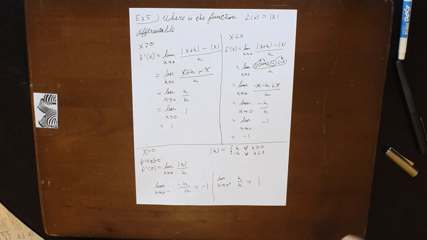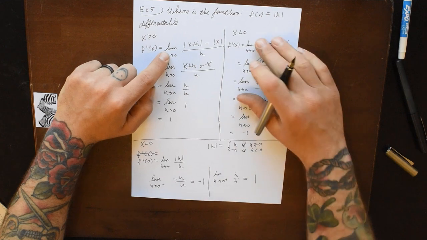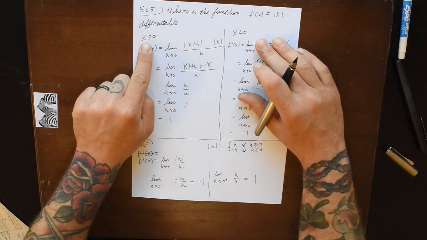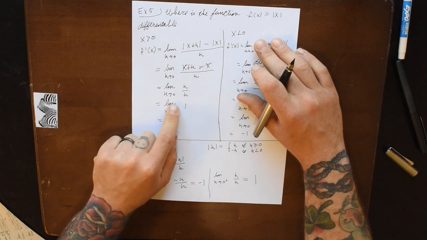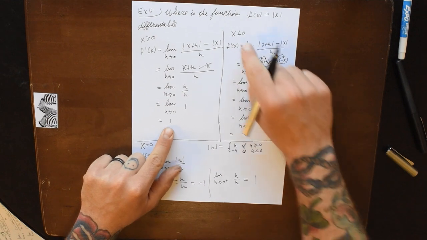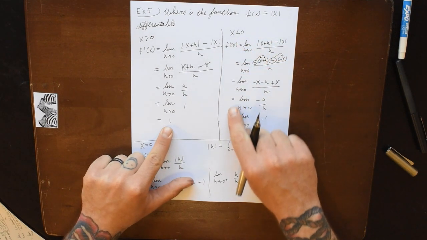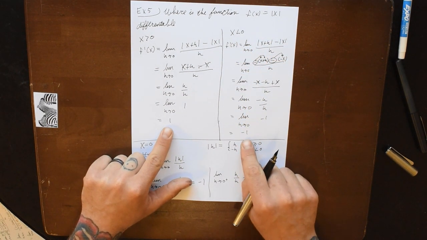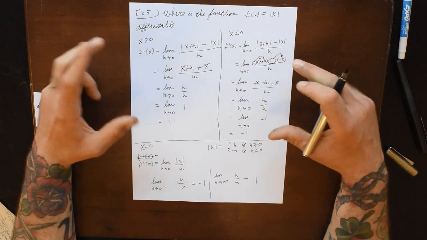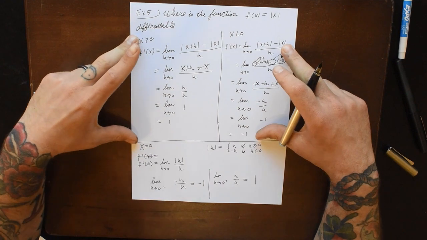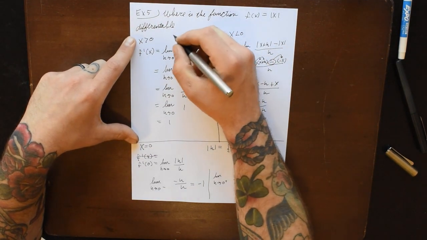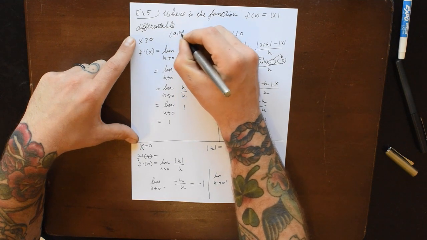So look, this limit existed for any value of x greater than 0. If we went to h from the left or h from the right, we would always get 1. When x was less than 0, our derivative was always equal to negative 1. So we know that this function is differentiable on the open interval from 0 to infinity.